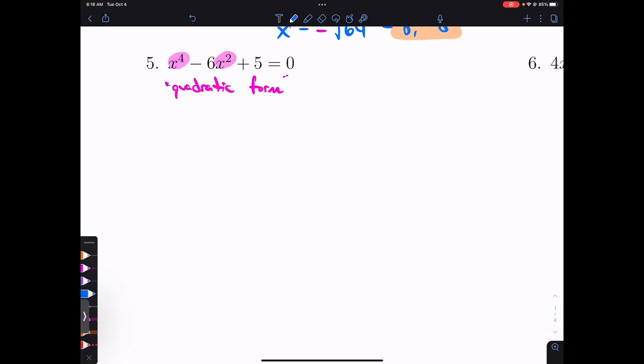Well, this is quadratic in terms of x squared, right? So I could use the quadratic formula instead. It's just that instead of x equals negative b plus or minus the square root of b squared minus 4ac over 2a, it would be x squared. So it would match that middle term because things are in terms of x squared.